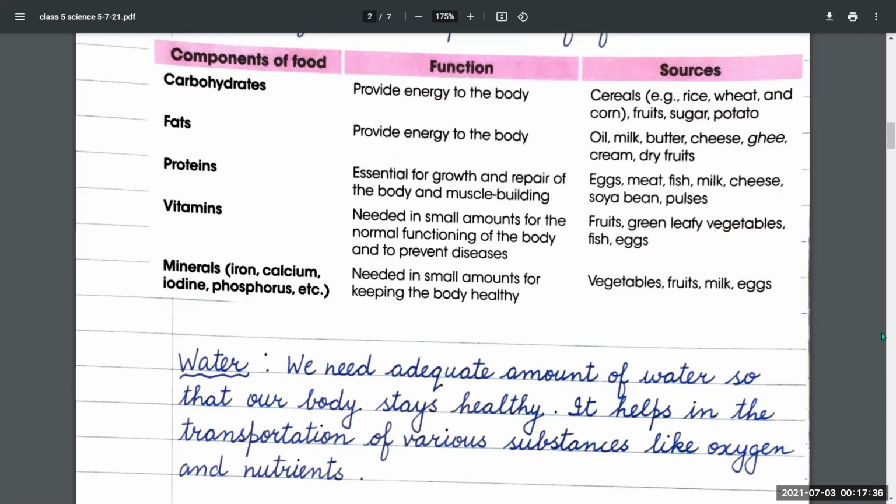Then comes the minerals like iron, calcium, iodine, phosphorus. They are also needed in small amounts for keeping the body healthy. We get them from vegetables, fruits, milk, and eggs.